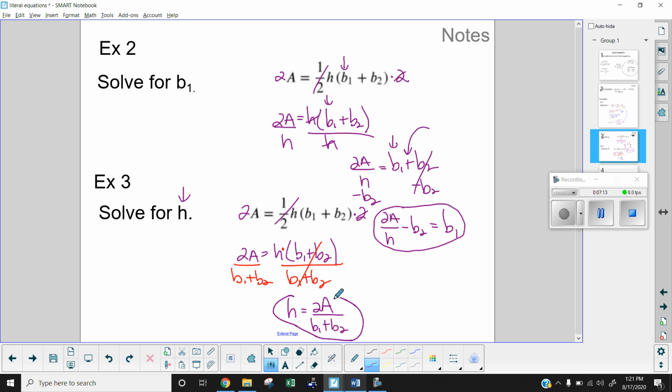So the goal in doing this is to solve an equation that has multiple variables for any given variable that you wish. It has to do with the properties of equality in terms of working backwards, and you usually have to strategize and use good order to do so.